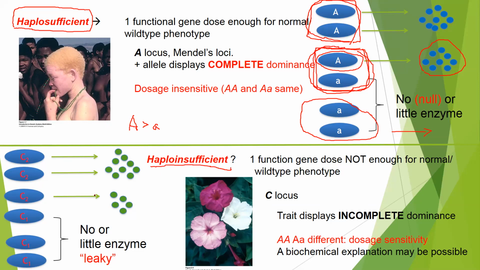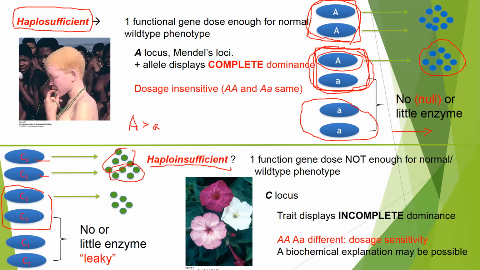Haploinsufficient means in the heterozygous individuals, only 1 copy of the wild type allele is not enough. So for example, this is a very simple model for understanding the biology behind this. Suppose the C2 allele, this is 1 gene. We have 2 C2 alleles, 2 wild type, and each of these C2 alleles can produce some functional protein.